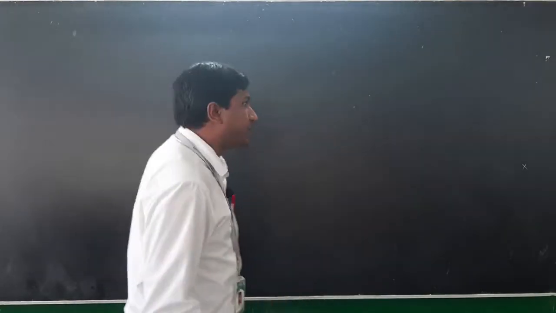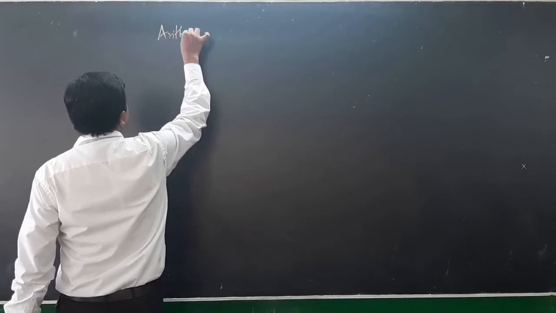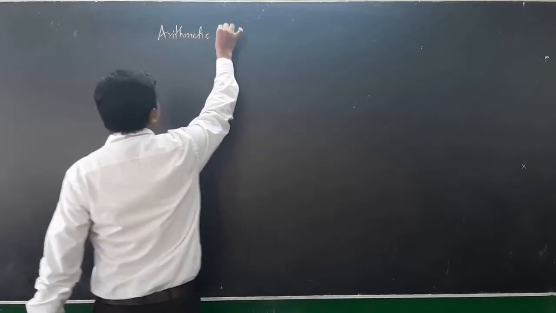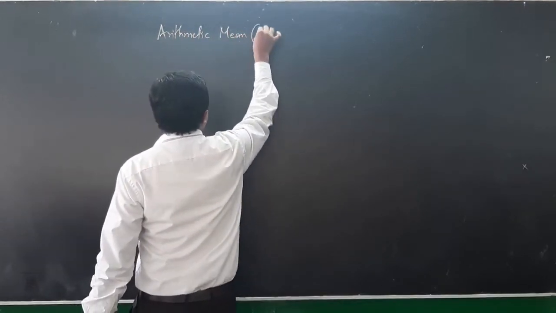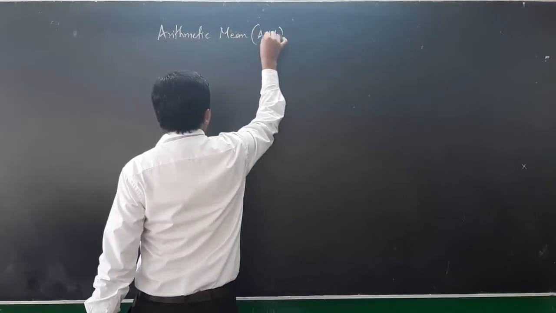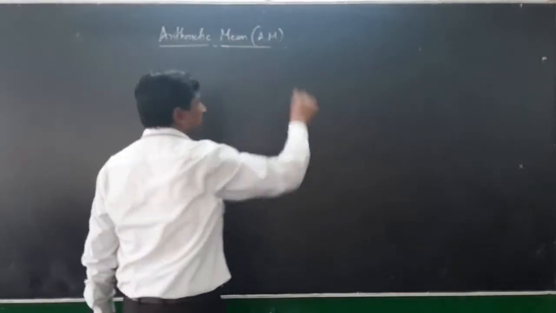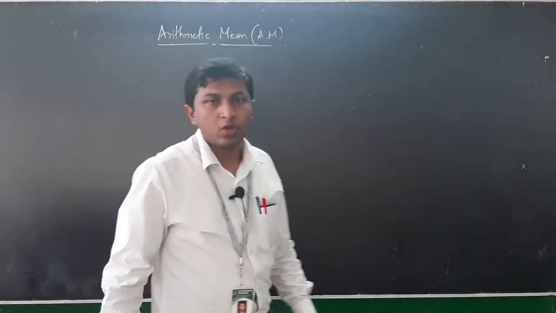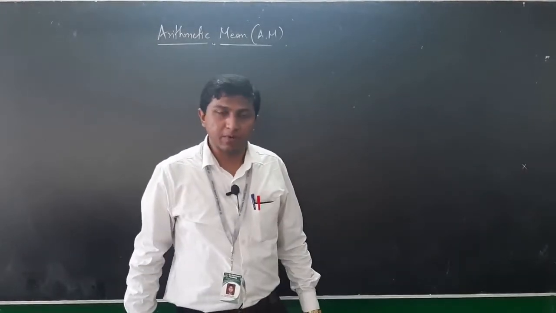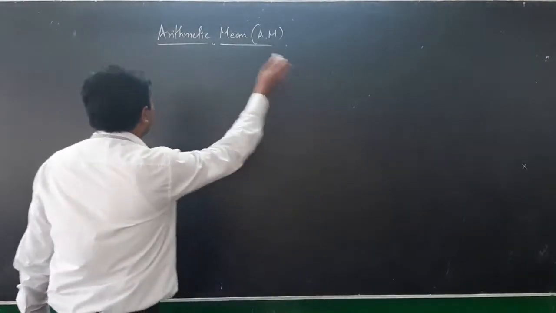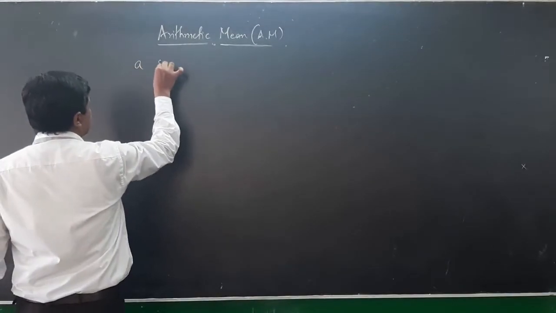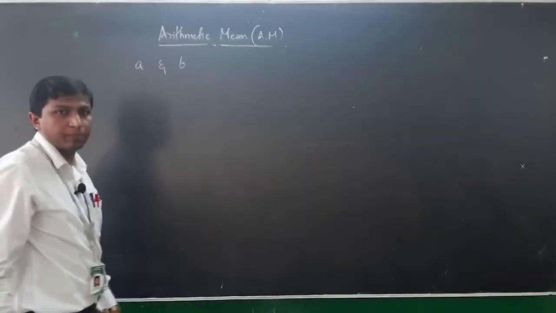The next concept is arithmetic mean or AM. So what is arithmetic mean? Say if we have two numbers, small a and small b.